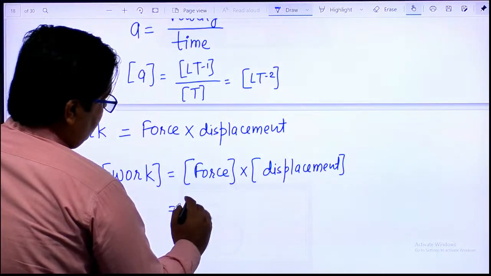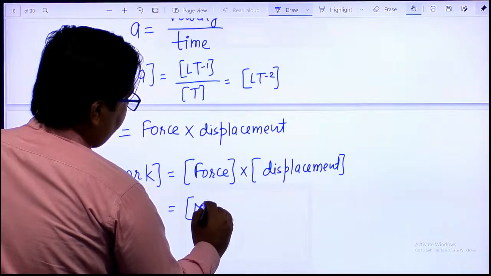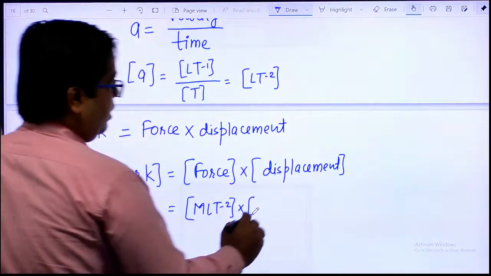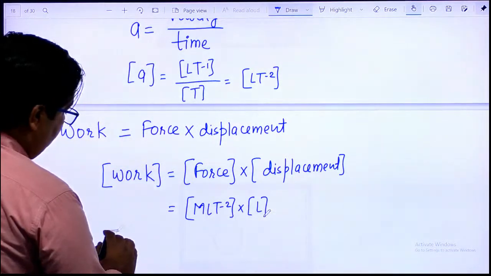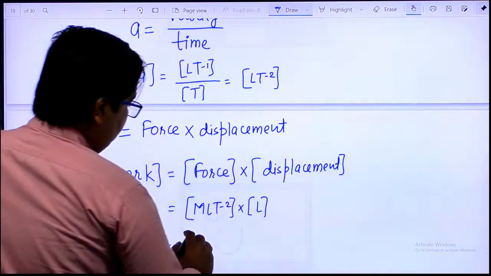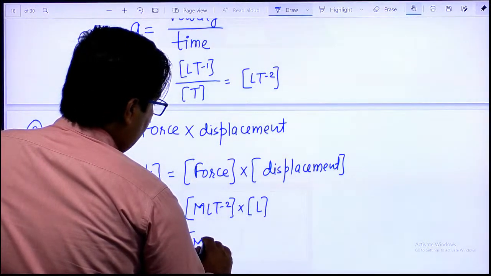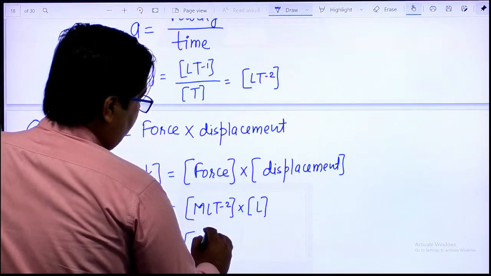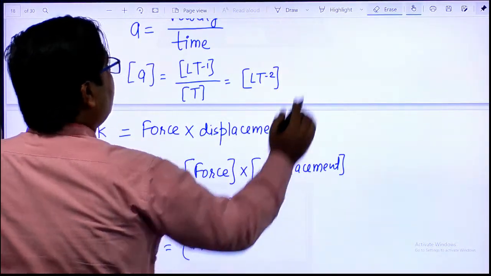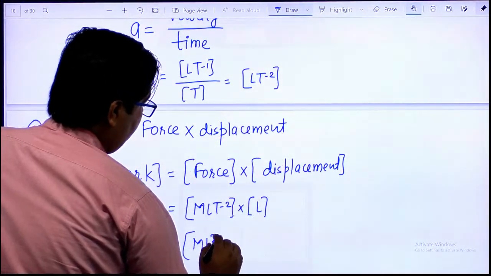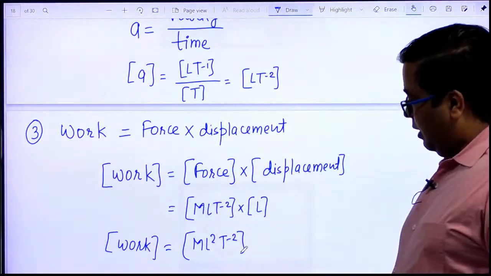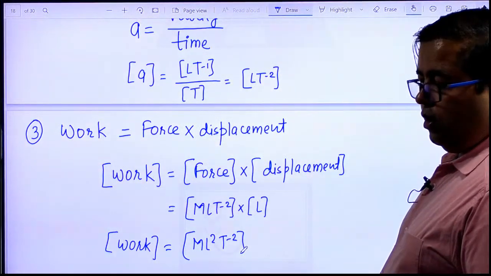The dimension of force, as you have seen, is M L T to the power minus 2, and displacement is L. So the dimension of work is M L squared T to the power minus 2. This is the dimensional formula of work.